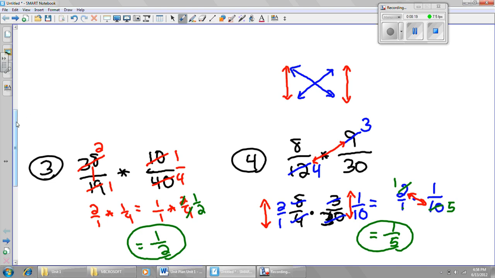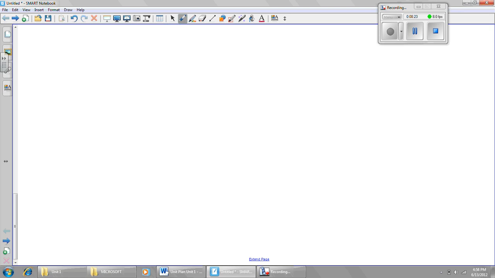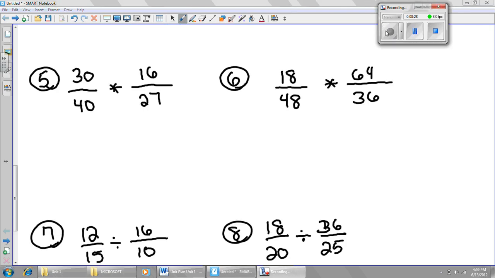All right, scroll down here. 2 more problems, and actually we're going to do 4 more problems. Okay, and you're going to see me use a little bit of a shortcut. I'm going to use this idea during all the problems. So right off the bat, I'm going to reduce this 30/40 into 3/4.